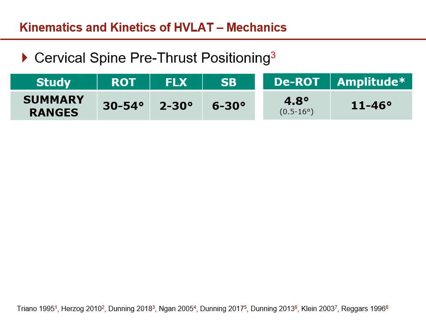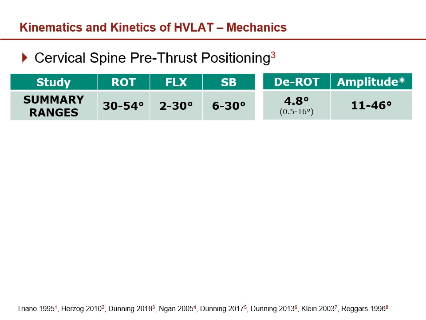The large range here likely is secondary to whatever your primary lever is, whether you're doing an upslope or a downslope technique. The derotation is about 5 degrees, and then this can vary, however, up to 16. And then the amplitude of the thrust is also highly variable.